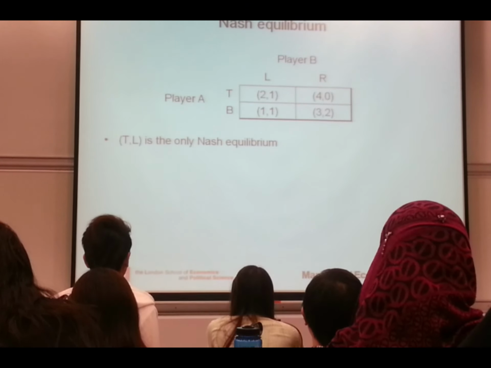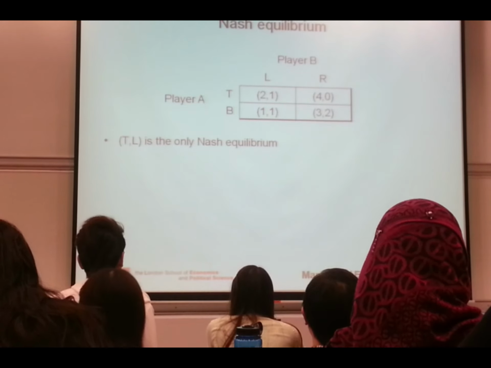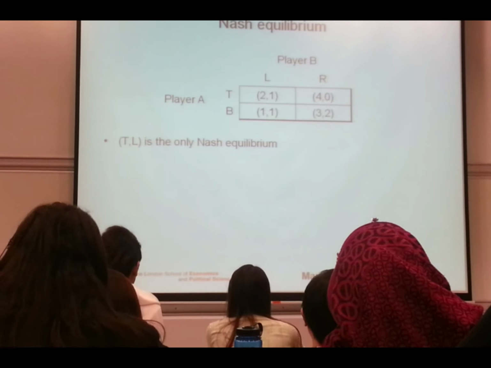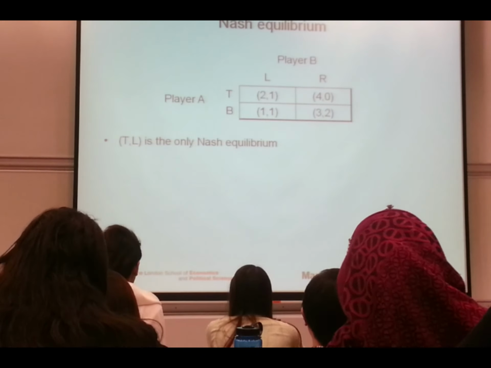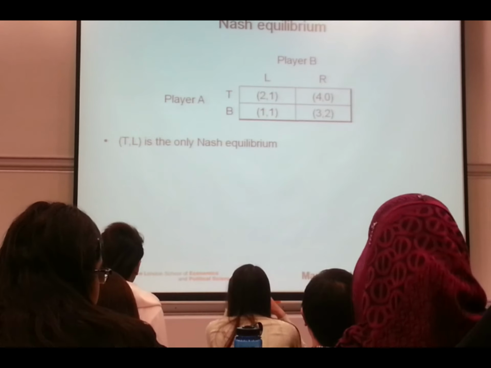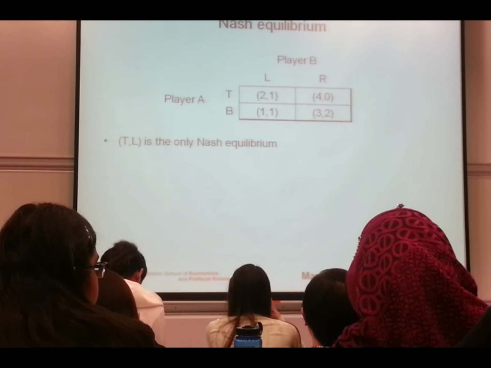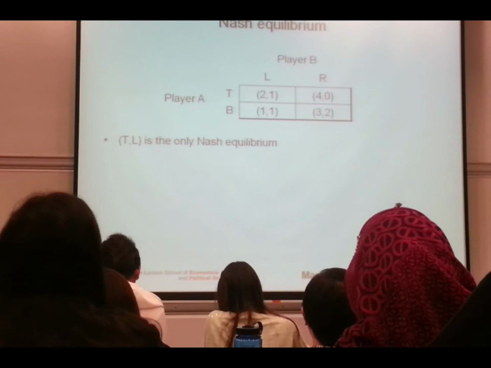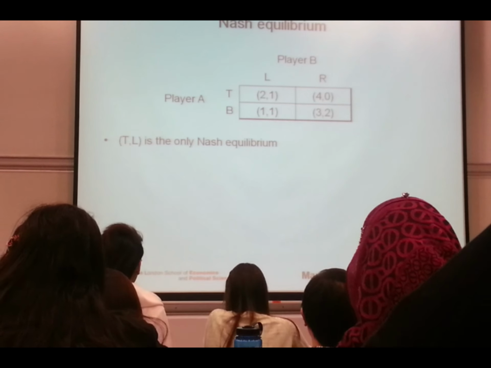So it's a Nash equilibrium, that much we can say. It's the only Nash equilibrium, but just looking at the matrix, top left is doing okay. So player A gets 2, player B gets 1.